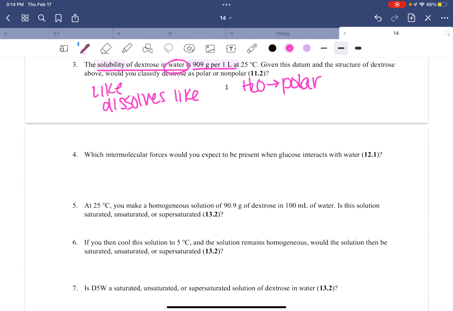You can put a lot of dextrose in water at a very low temperature without heating it up to sort of facilitate that dissolution. So if we take all of that information together, we find that our dextrose molecule is also polar because of this like dissolves like relationship.